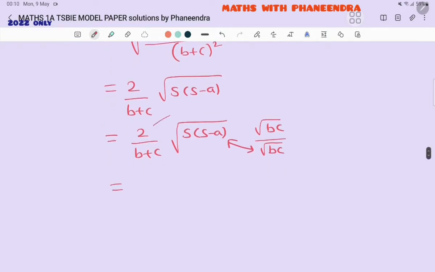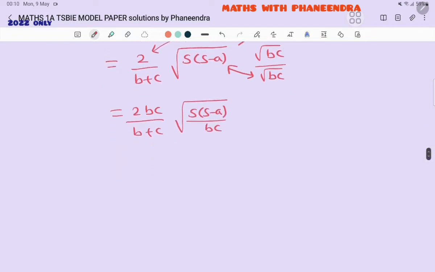So 2BC by B plus C, root of S into S minus A by BC. S into S minus A by BC is equal to cos square A by 2.